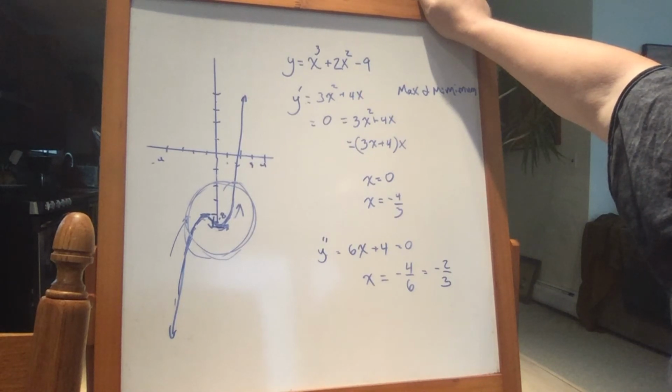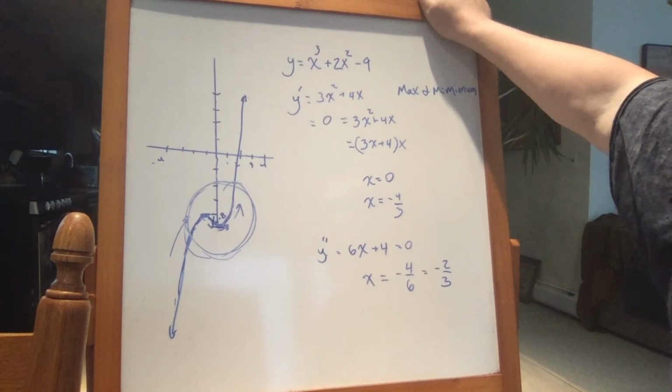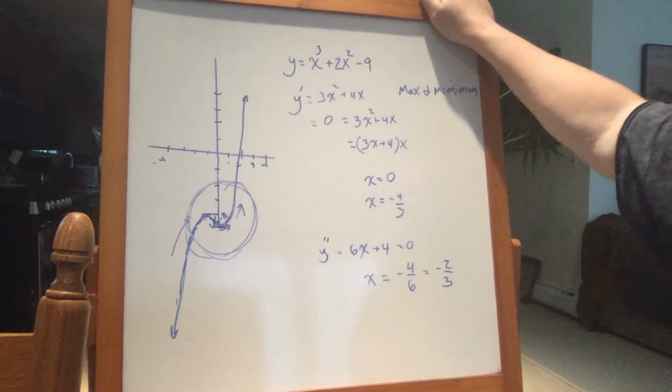And the two key things are, where are the local maximum and minimum? And where are the inflection points? Where does the curve begin to make its changes?